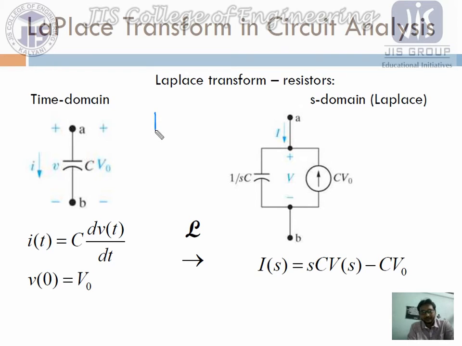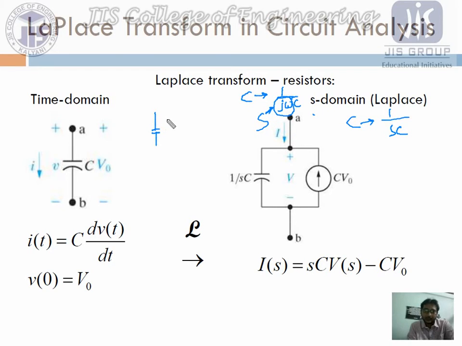As there is a capacitor, we know what to write. For the capacitor we write 1 divided by j omega C. Now j omega is equal to s, so in place of j omega C we write 1 divided by sC.